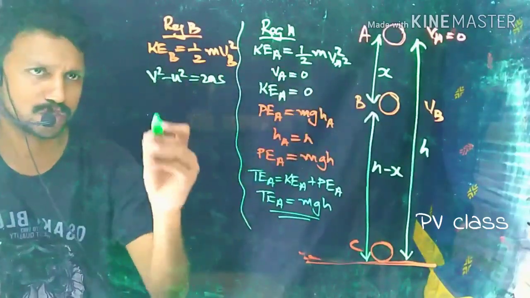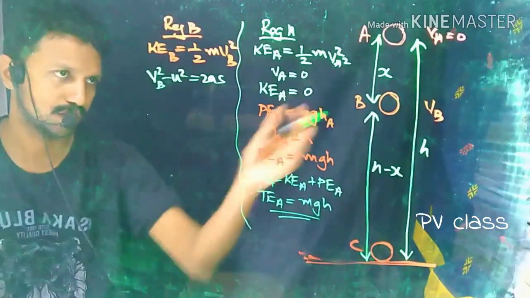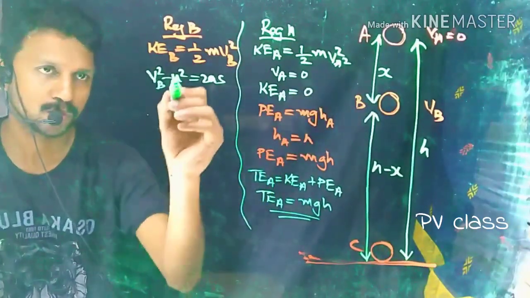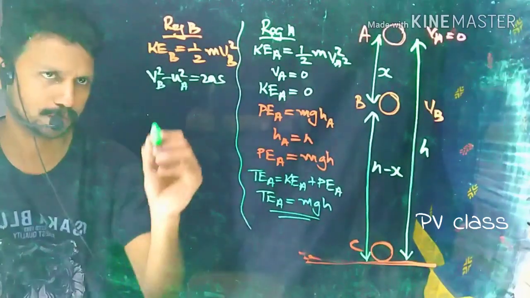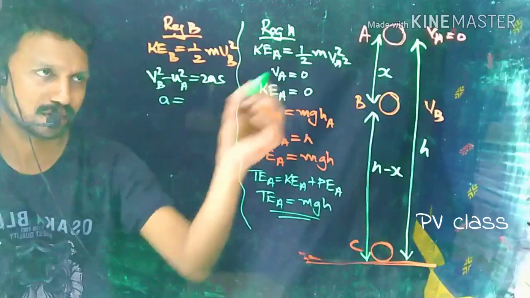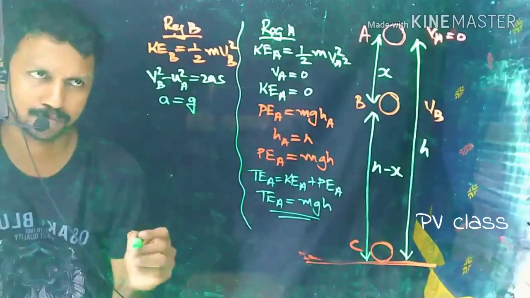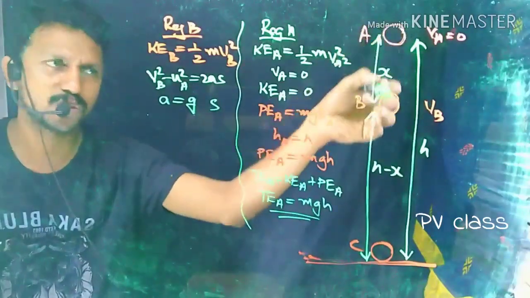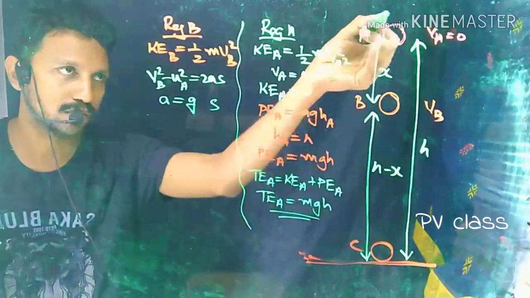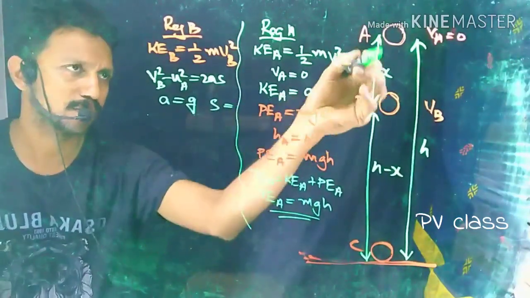Therefore, V square should be Vb square, that is the final velocity square. U square should be Va square. What's a? In this case, the acceleration of a freely falling substance is g. And what is s? Since we are considering the A to B distance, that distance is x.